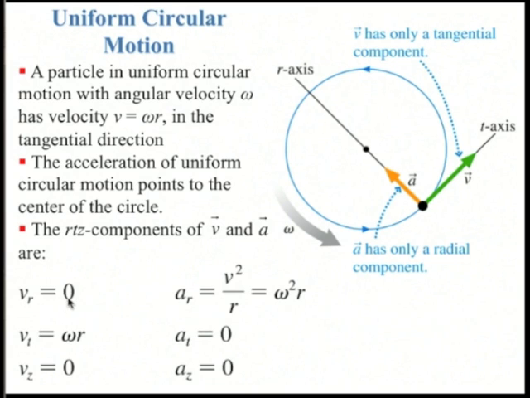V sub r is always 0, v sub t is always omega times r, and v sub z is always 0. A sub r is always the centripetal acceleration v squared over r, which if you use omega, turns out to be omega squared times r, where omega is v over r, the angular speed. A sub t is 0 for uniform circular motion, and a sub z is 0.